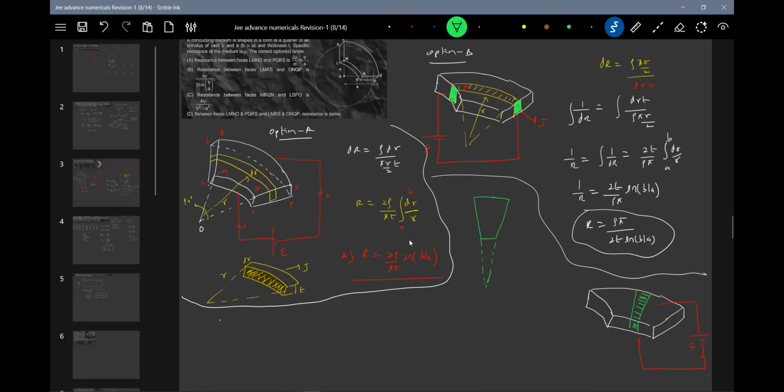This will be the length. We define this as d theta. The radius is how much? It is b, no? b d theta.